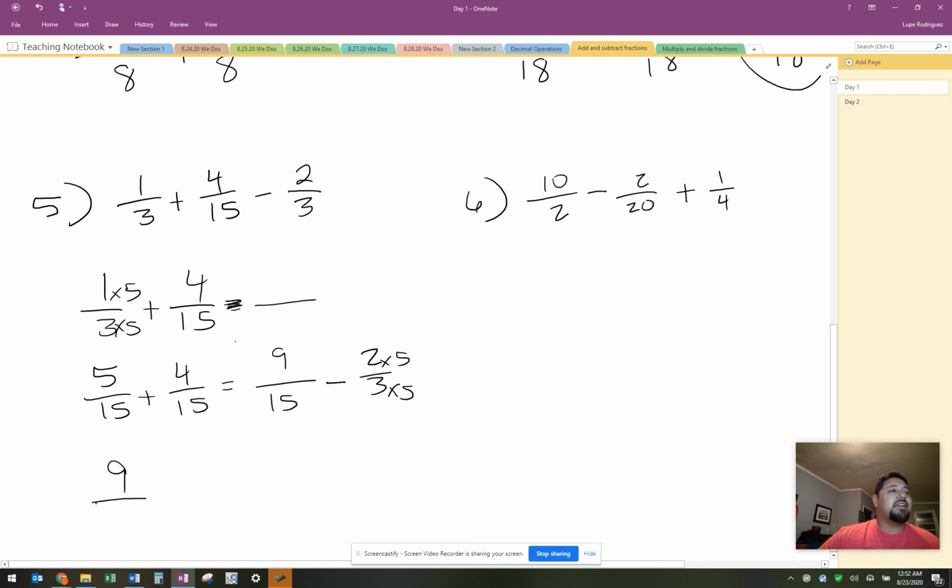So I'm looking at 9/15 minus 10/15, and that's actually going to be a negative number. So 9 minus 10 would be a negative 1/15.